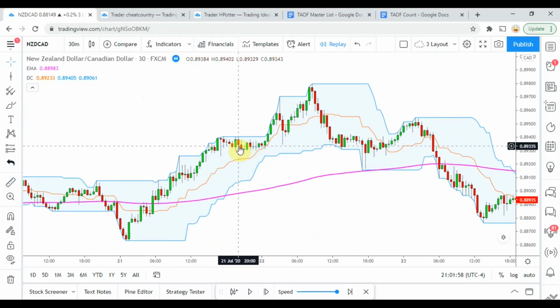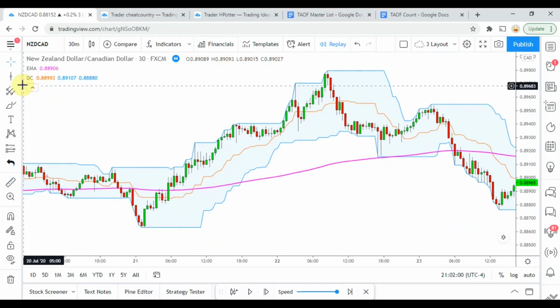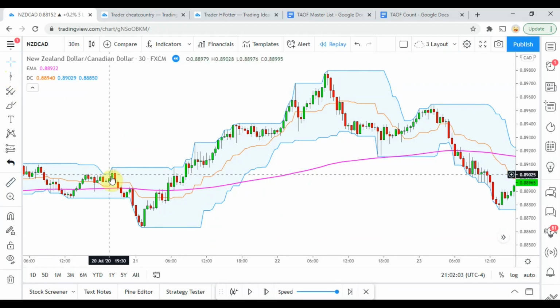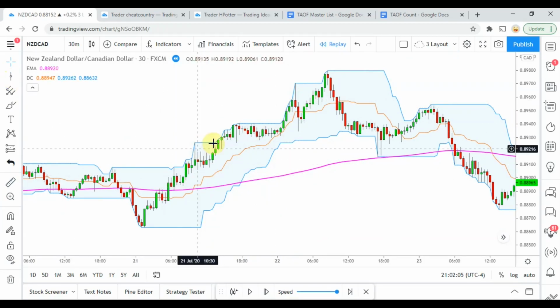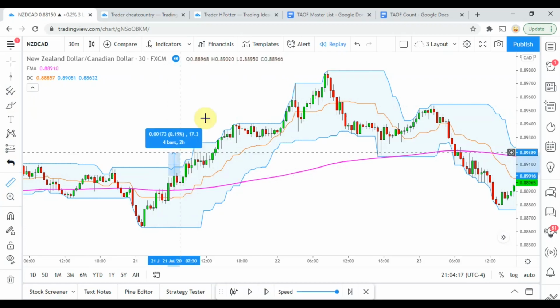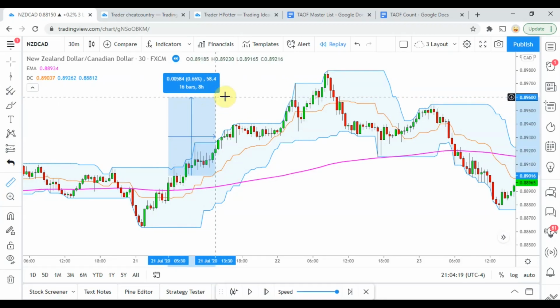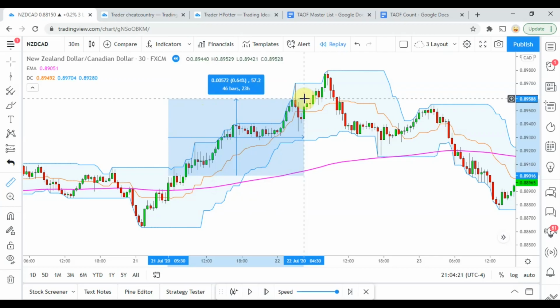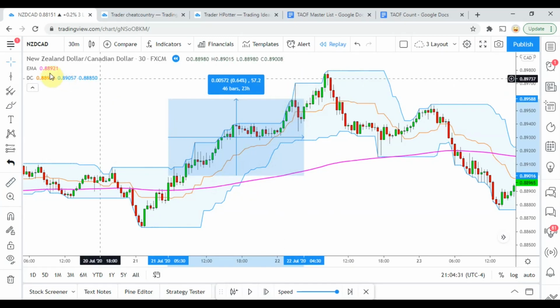Let's see. And the thing is, they were taking a specific, or kind of a set take profit there, and so you have to take that into consideration. If we were looking for 57 pips over here, then we would have gotten 57 pips, right here on this candle.